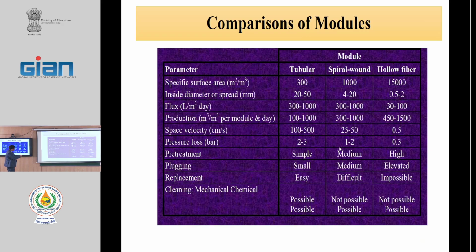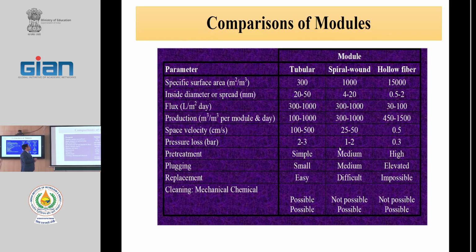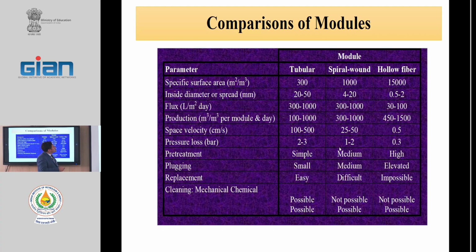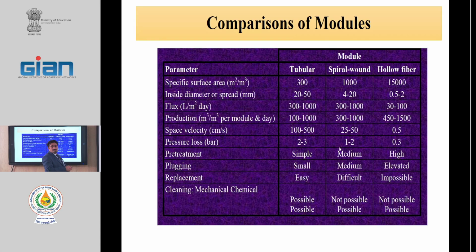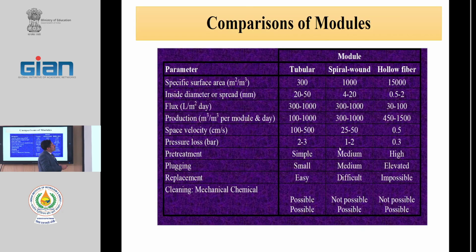In this slide, we compared the tubular, spiral wound, and hollow fiber modules together. A specific surface area, you see, square meter to cubic meter. Hollow fiber has very high surface area. You see, hollow fiber is 15 times more than spiral wound, and spiral wound is 3 times more than the tubular.